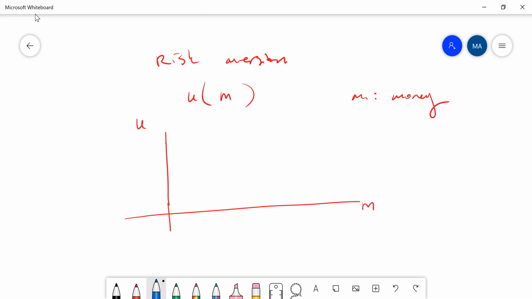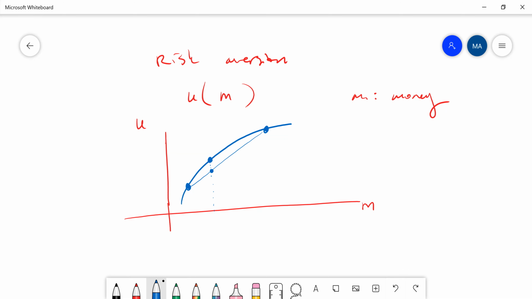let me draw a strictly concave utility function. I know that this is strictly concave because you know that from your math class. If I take some midpoint between two points, the function evaluation is larger than the weighted average of these utility levels.